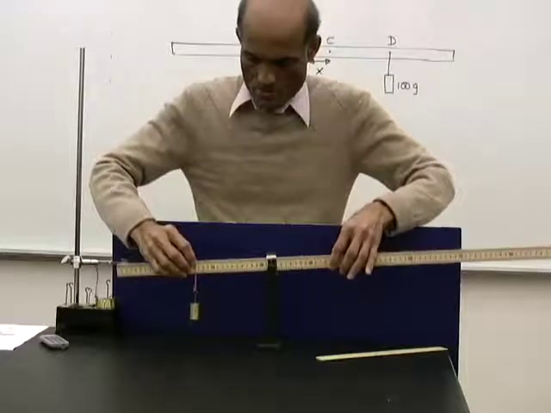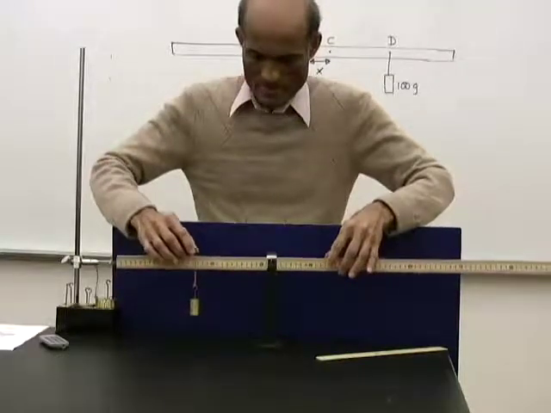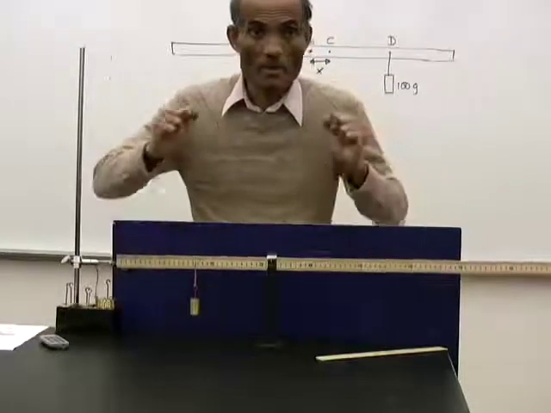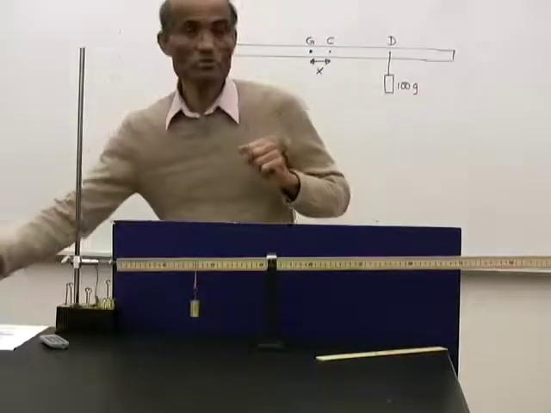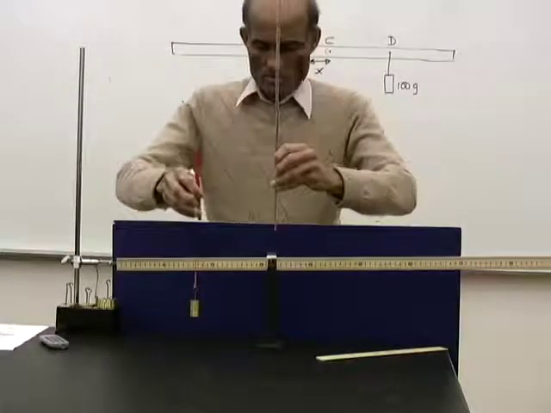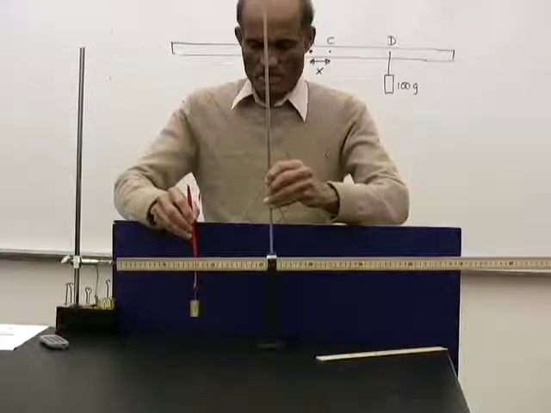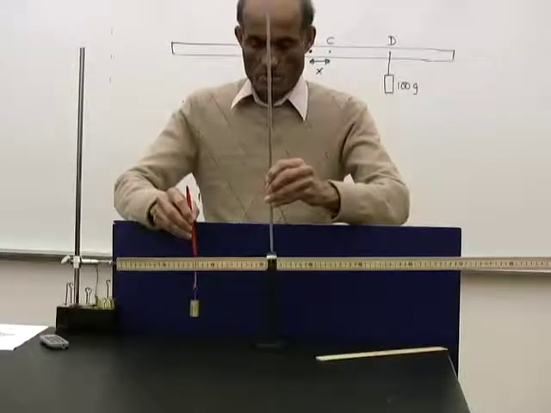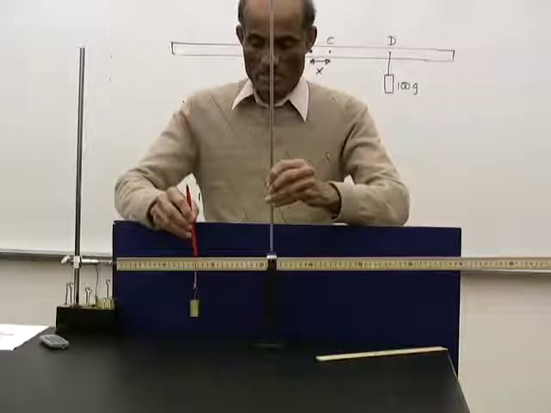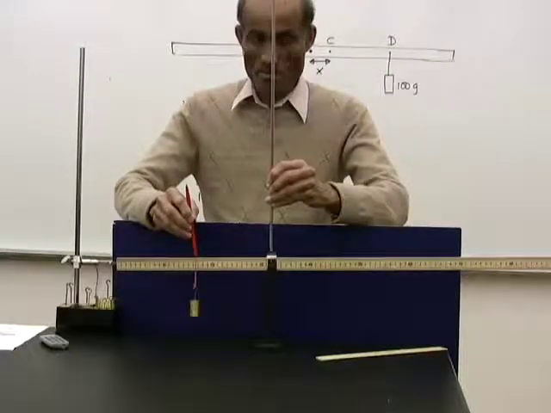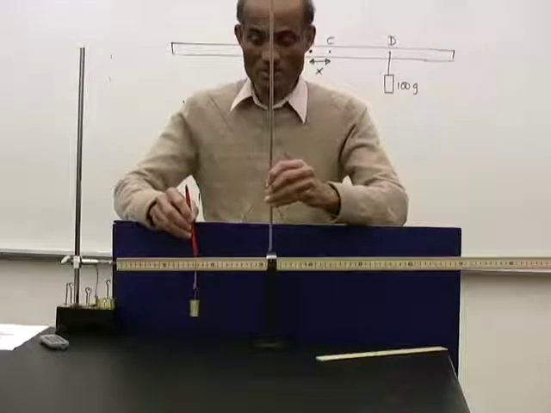That's almost a balance. Measure the new distance D. There you got the new distance D. Measure that distance. And remember, all measured D values must be multiplied by the conversion factor.